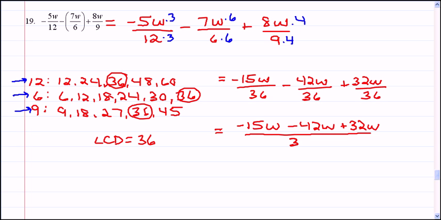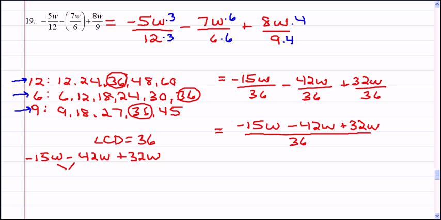all over 36. And if I write down my numerator, negative 15w minus 42w plus 32w, I take 2 numbers at a time starting from the left, and since I'm subtracting with negative signs, I do keep, change, change.